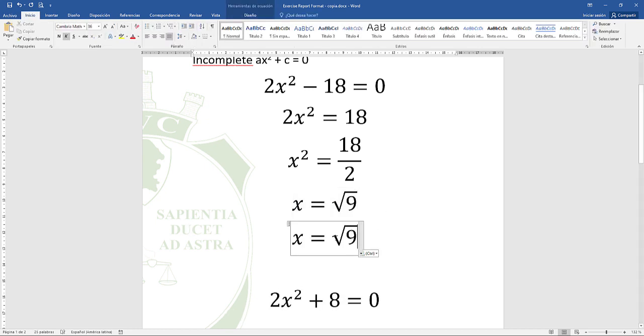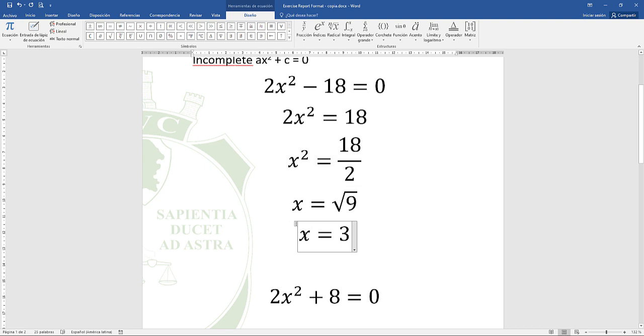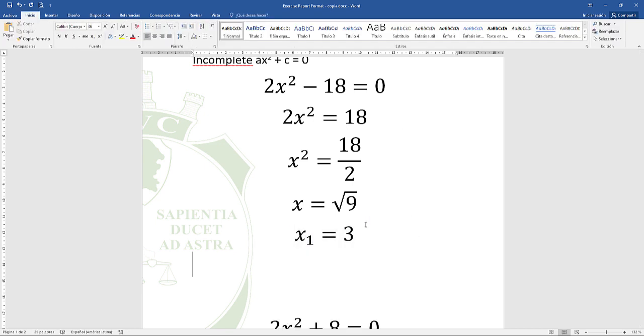The solution will be, check here, two places in which the curve cuts or intersects the x-axis. So this is the solution for that exercise.